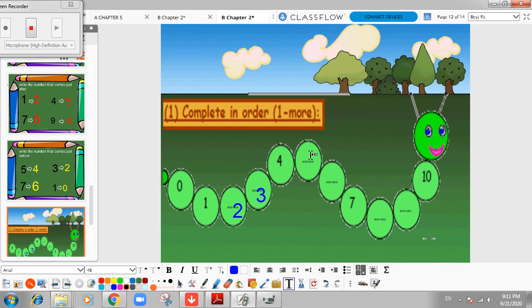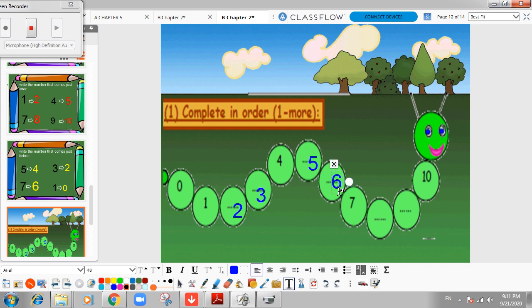We said 0, 1, 2, 3, 4. What is the number that comes after number 4? Excellent, number 5. And after number 5 is number 6.